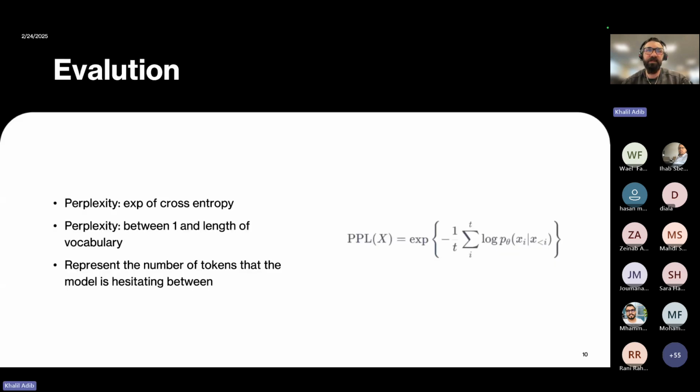Think about it, because as I said, the perplexity can be between 1 and the length of the vocabulary being used.